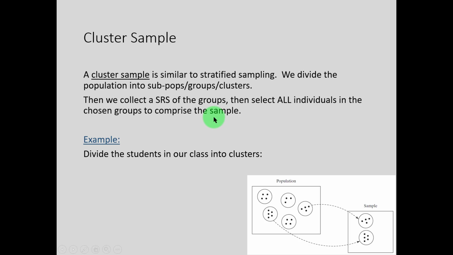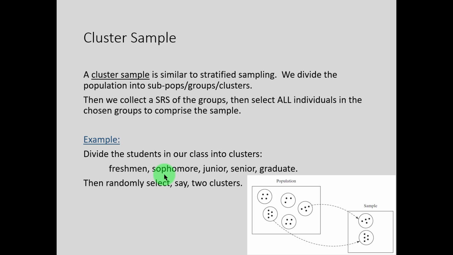Here's an example. Suppose we divide the students in our class into clusters, such as the freshmen are a cluster, the sophomores are a cluster, juniors, seniors, and grad students, etc. Then we say we're going to randomly select 2 clusters.